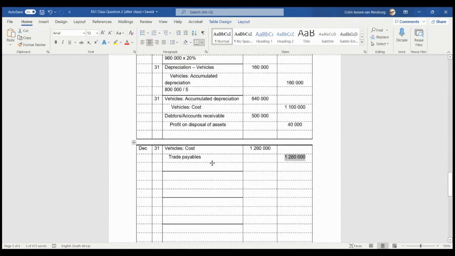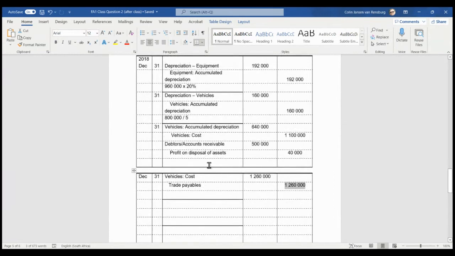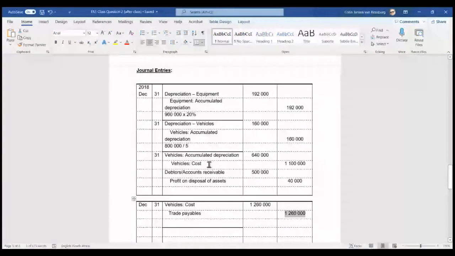We are simply recognizing that new delivery vehicle. So we are reusing the vehicles cost account. Obviously, it's an asset, so we're going to debit it, and we're also going to raise the liability towards the supplier of that vehicle. Okay, ladies and gents, so far, I think we haven't actually done the ledger accounts yet, so we haven't actually answered anything, but now we've got all the information that we need to go and answer it. Maybe we can just pause there for a short bit.